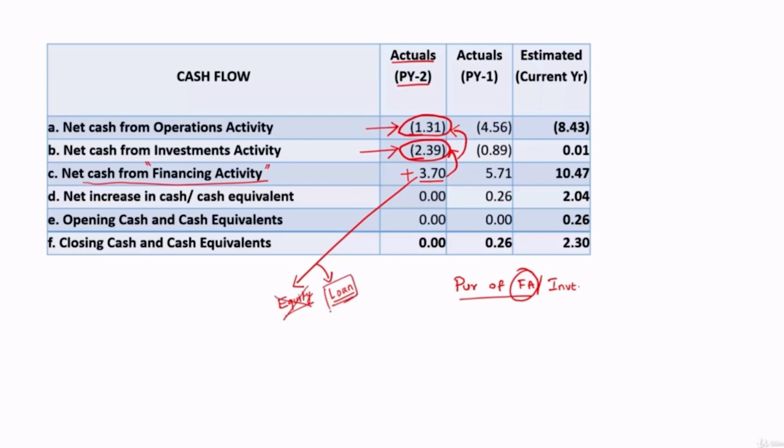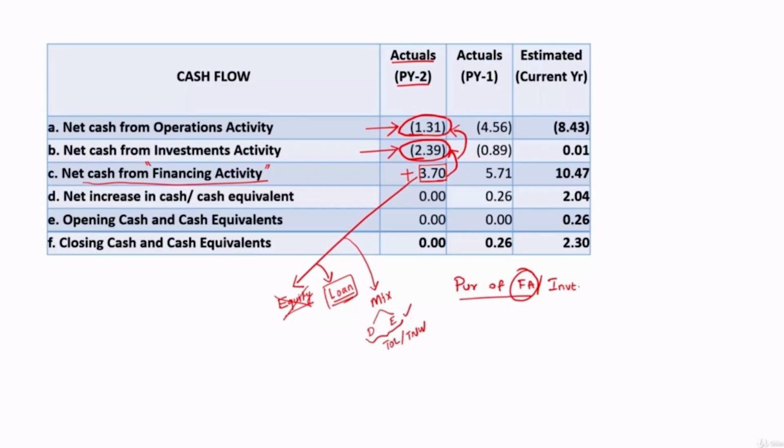Everything is getting funded by loan. So you have to look into this, from where they got this 3.7 crore. It can also be a mix of debt and equity, and if the overall TOL by TNW is satisfactory, then the mix is also okay. So all those got to be studied.